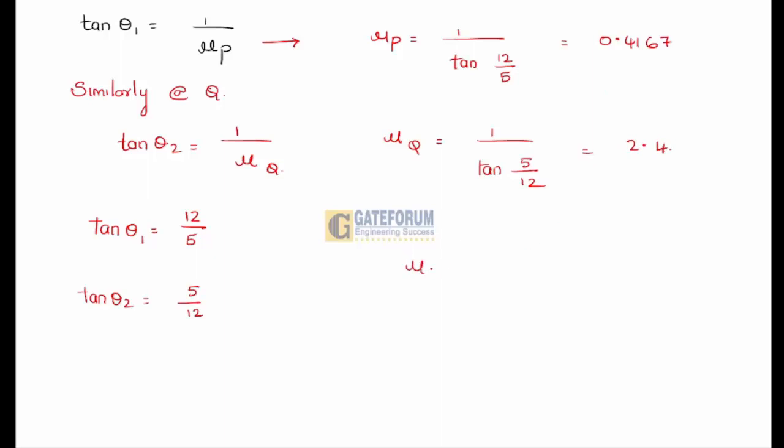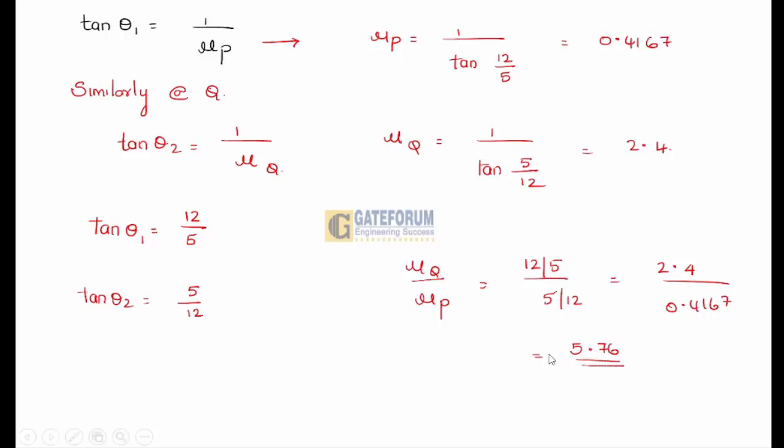So mu Q by mu P is 2.4 by 0.4167. You will get a value of 5.76.